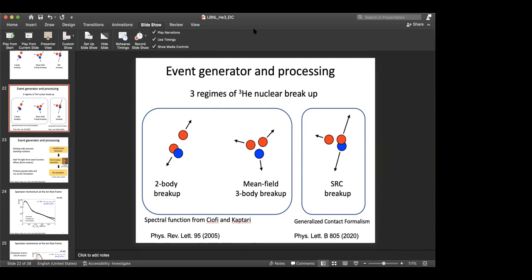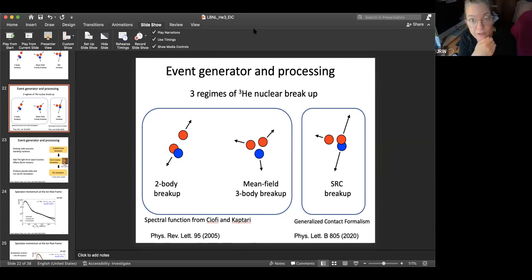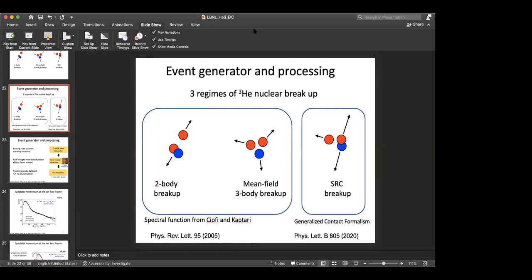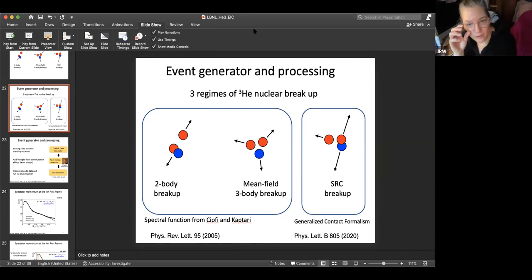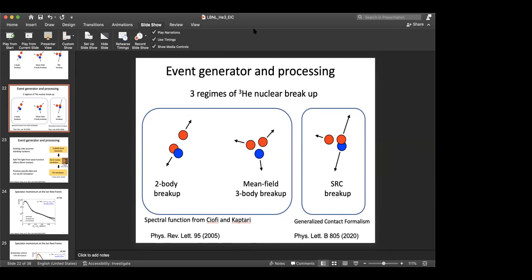Just based on the number of particles in the final state. I think two-body breakup does have some high momentum component, so in terms of the momentum distribution there can be some overlap. But as John put in the chat, SRC breakup assumes it is completely separated into three particles in the final state, whereas two-body breakup has a bound deuteron.